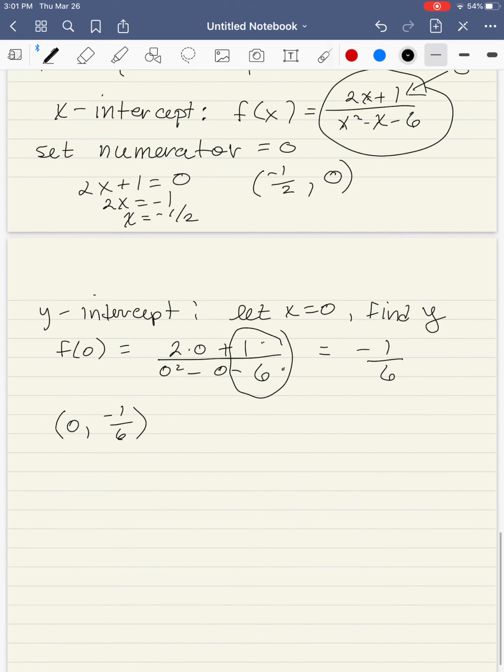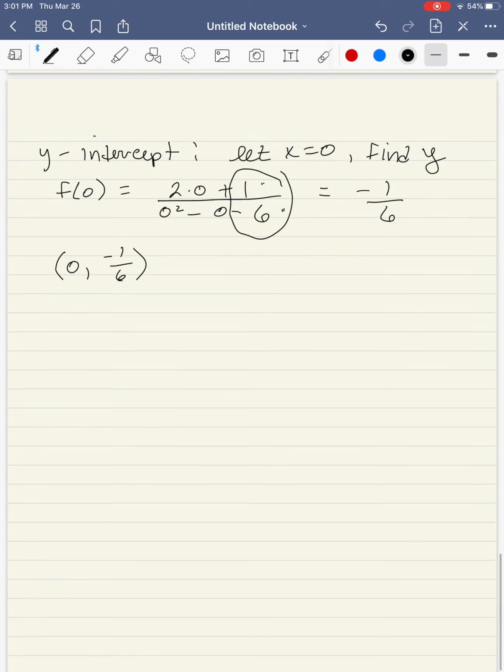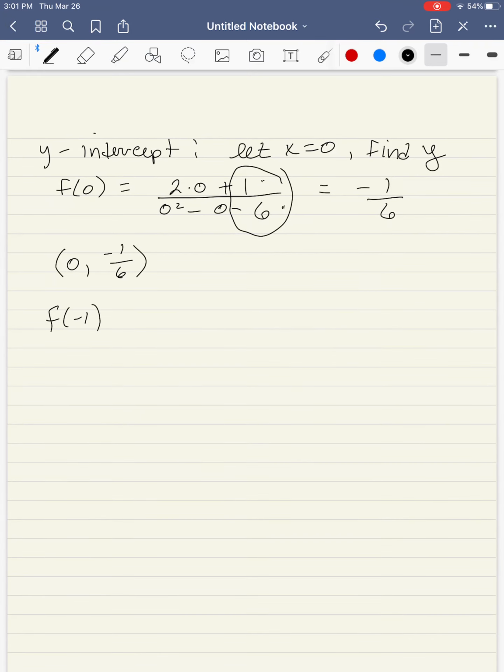So let's find f of -1 and f of 2. And remember, I just chose those numbers because they were in the space that I needed on the graph to figure out where a point would be. You go ahead and plug those in, get your ordered pairs, and plot them.